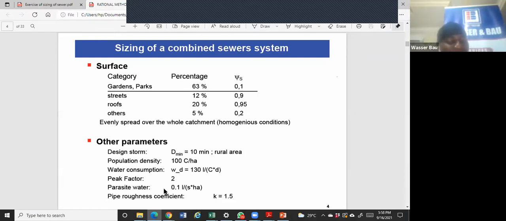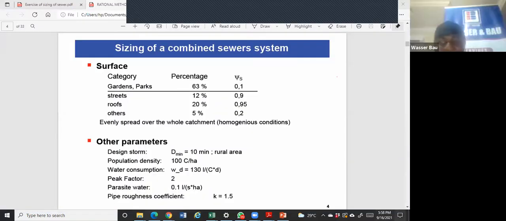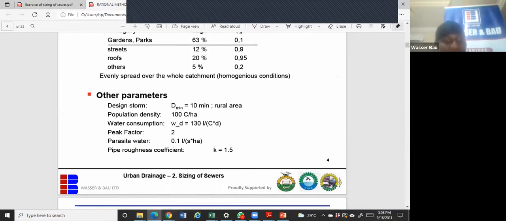The parasite water is a standard 0.1 liters per second per hectare. Then the pipe roughness is 1.5, that's for concrete pipes. So these are the parameters we need to do our design.